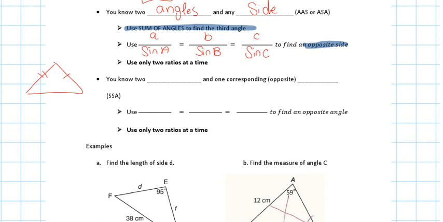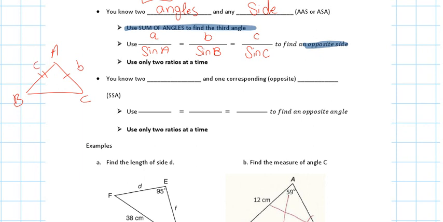Let's name this triangle A, B, C. Let's say they gave me side B and side C. Then they must also give me either angle B or angle C. One of the opposite angles must be given in order for me to be able to use the sine law in this situation.